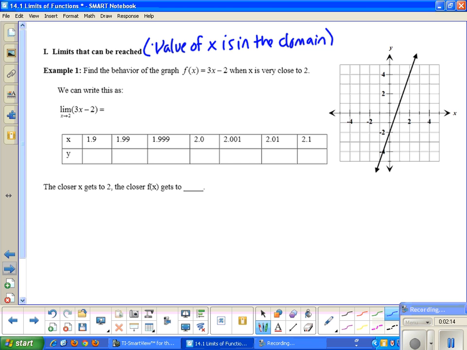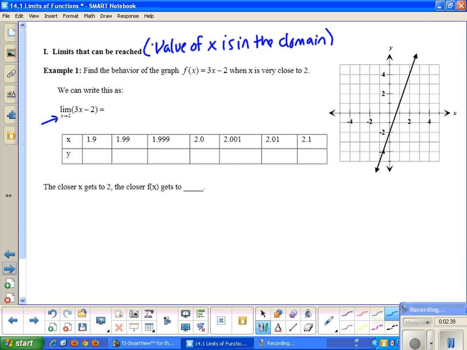So we want to find the behavior of the graph f of x equals 3x minus 2 when x is very close to 2. The way that we write a limit is by the following. The limit, and notice that underneath it's written smaller, x and that arrow means approaches. So the limit as x approaches 2 for the function 3x minus 2 is what we're trying to figure out.